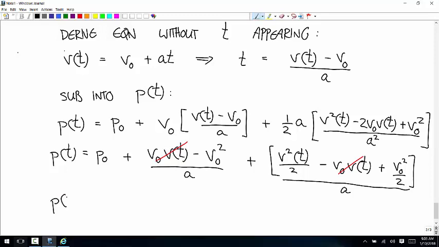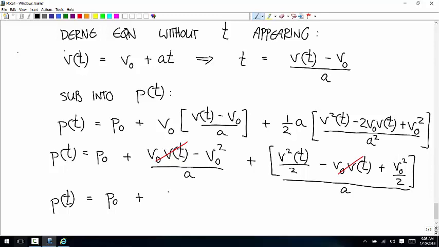So now, position as a function of time is equal to P0 plus, I can add all these terms because they have the same denominator, right? So I canceled these two. V0 squared over 2 minus V0 squared is minus V0 squared over 2.